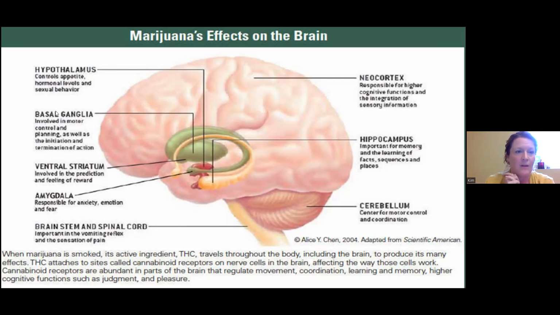If the hypothalamus controls your appetite, in someone who smokes it, what happens to that person? How can you tell that their hypothalamus is the part that gets impacted? What is their behavior? I get the munchies. They get the munchies, right? So that one's kind of easy to figure out.